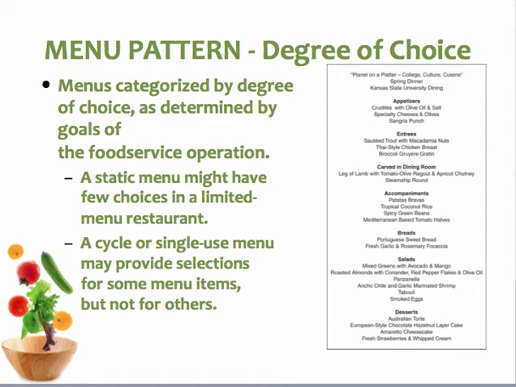And then a single or cycle or single-use menu can provide some selections and choices among, may have 2 different entrees, a meatless entree and one that contains meat, but then may only offer 1 dessert, for example, or maybe only 1 type of soup.